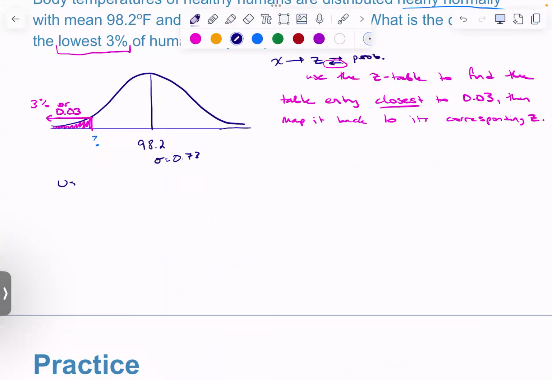So using the Z table, the table entry closest to 0.03 is 0.0301, right?